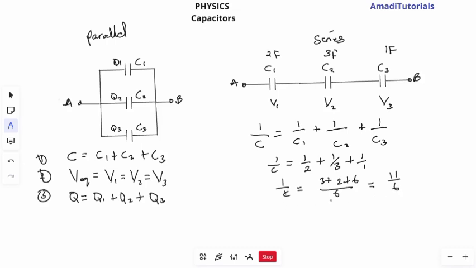So what you now have left is 1 over C equals 11 over 6. Then you take the reciprocal of both sides, so that C equals 6 over 11 farad. So that is how to evaluate this one.